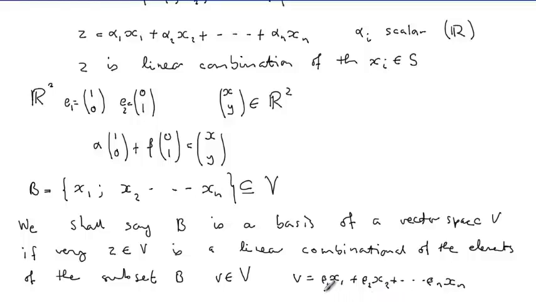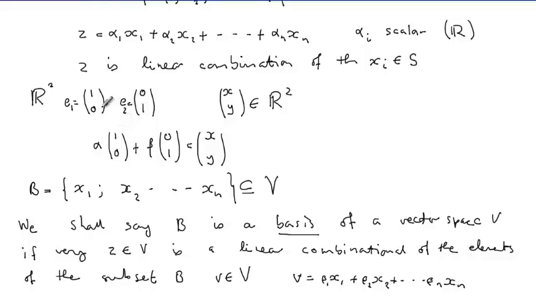Actually, it can happen that some of these coefficients can be 0. That's not a problem. But what is important is that any member of the vector space V is produced by making a linear combination of the elements of the basis of the vector space.